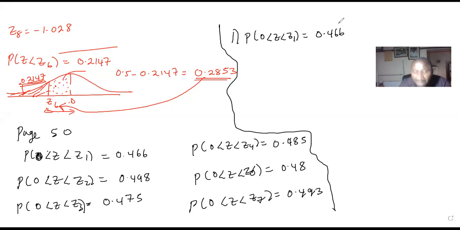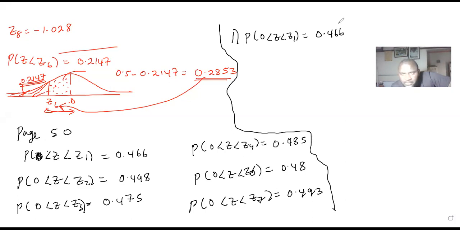This P is the probability in this case. Then the Q there is the balance on the side you are on. Then the Z is the Z value you have read.